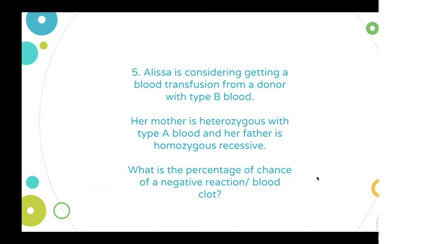Her father is homozygous recessive, which tells us he has a little i for both of his alleles. If we drag it down, we should have two boxes with a capital I with an A and a little i, and two boxes with two little i's.